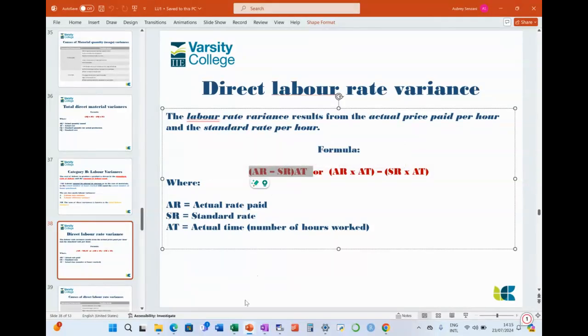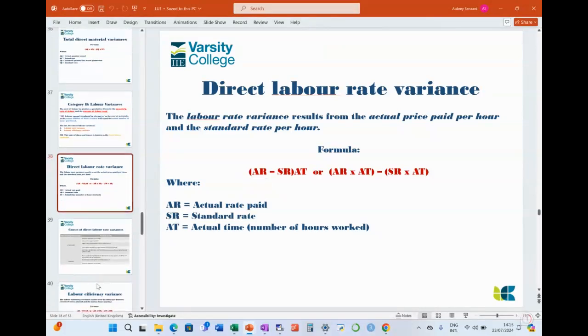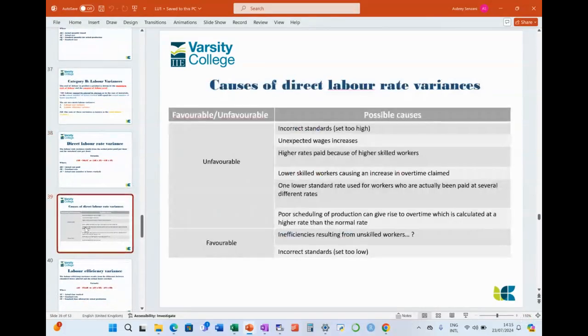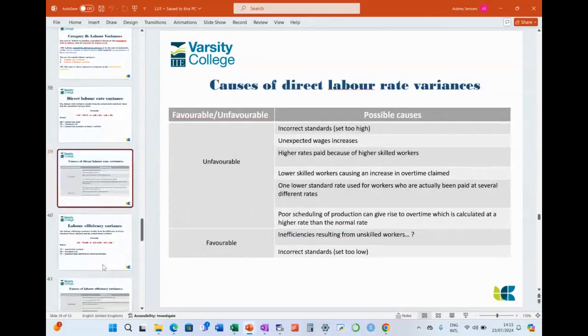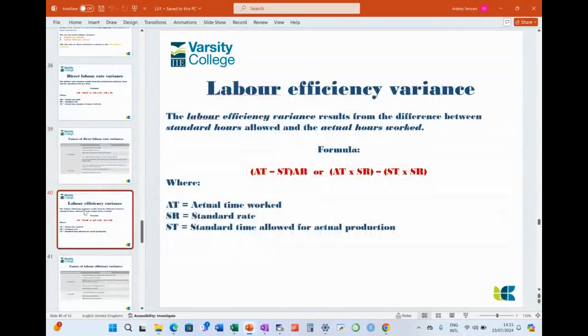It's making sense, right? So there again, unfavorable and favorable, they're explaining again, when it comes to labor, we want to spend less than what we anticipated. Efficiency, like I was saying, now we're talking about time.